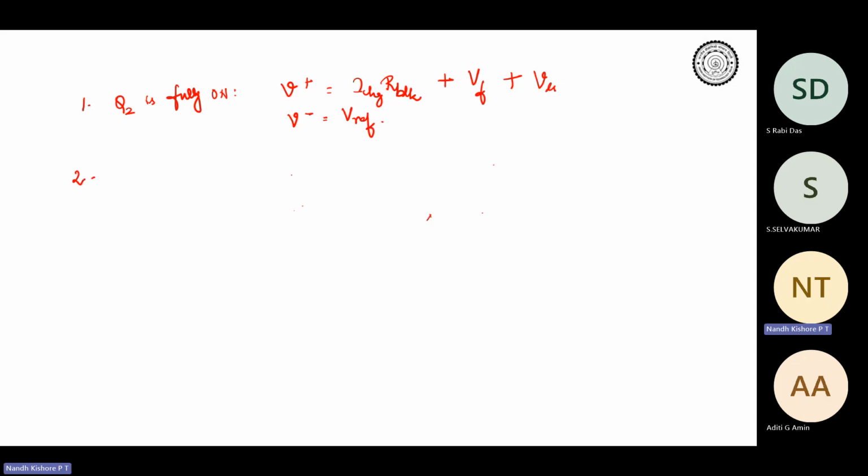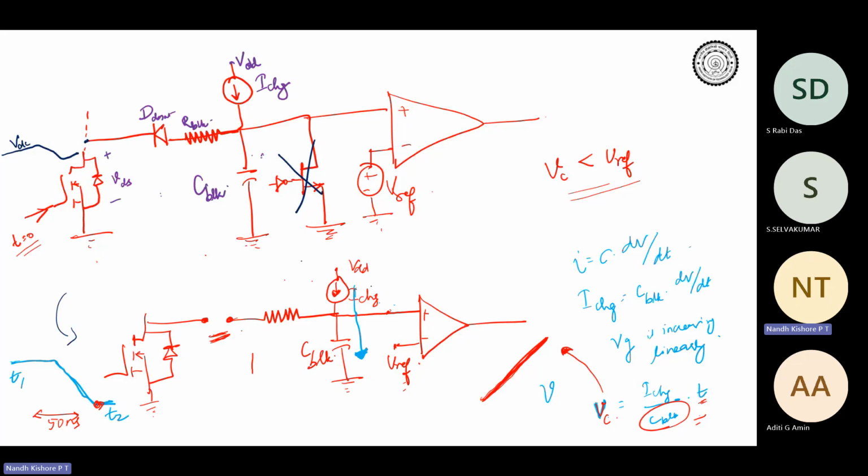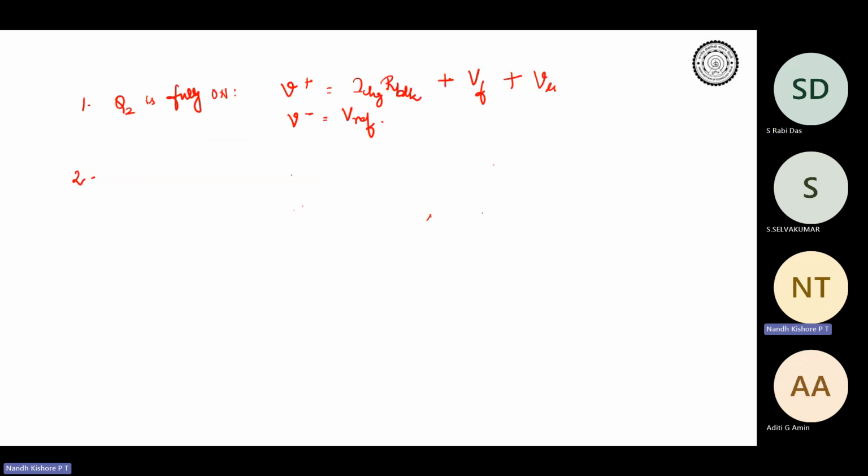Second, what should be the rating of the diode is the next question. What should be the rating of the diode? More than VBUS or VDC, whatever you apply across the bus.